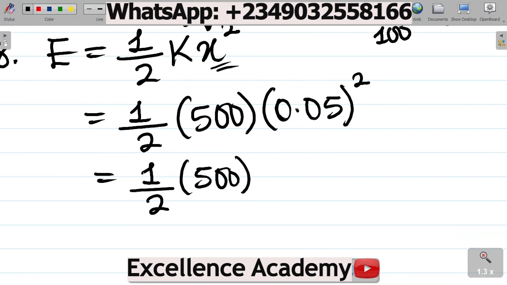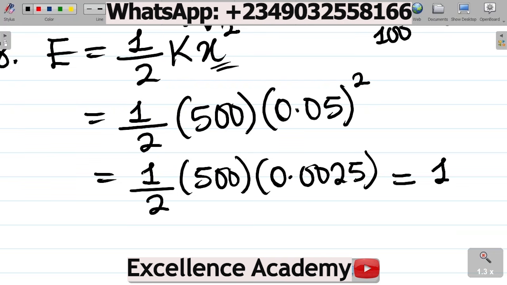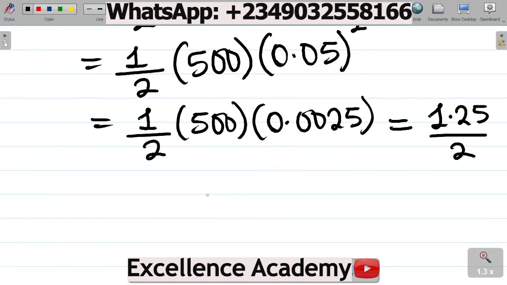If you punch 0.05 all squared, this gives you 0.0025. Multiply by 500, and that is about 1.25 all over 2.